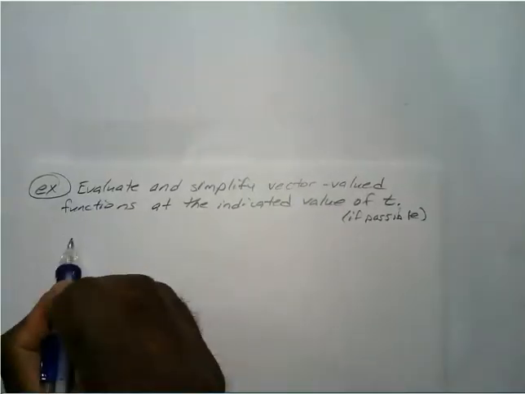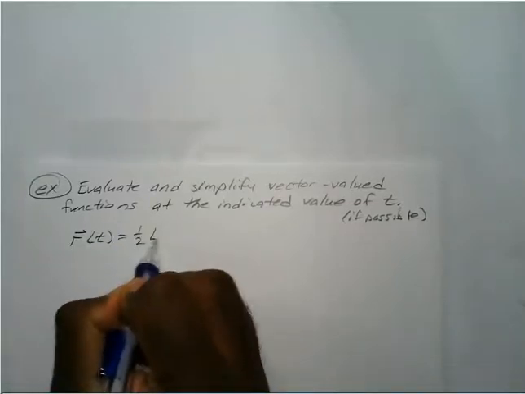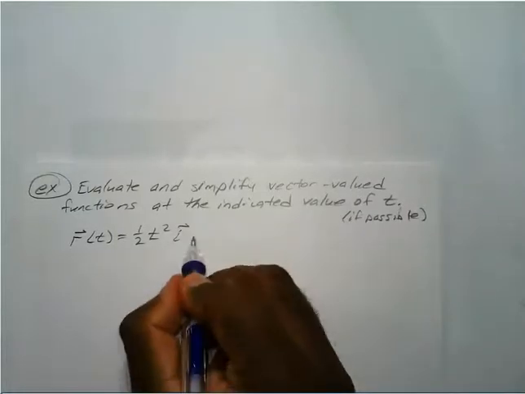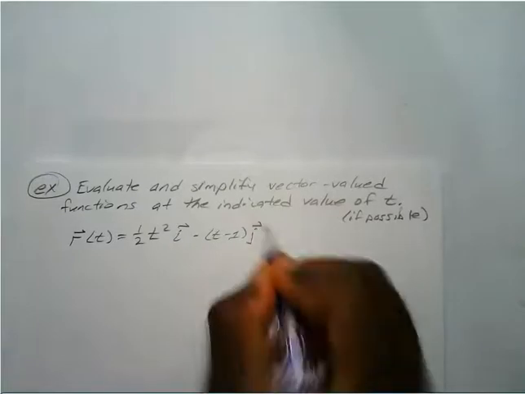Our vector valued function is r of t equals 1/2 t squared times your i vector minus t minus 1 times your j vector.